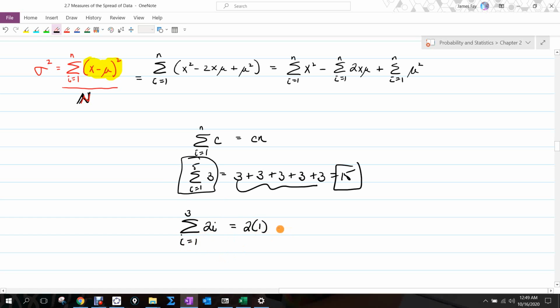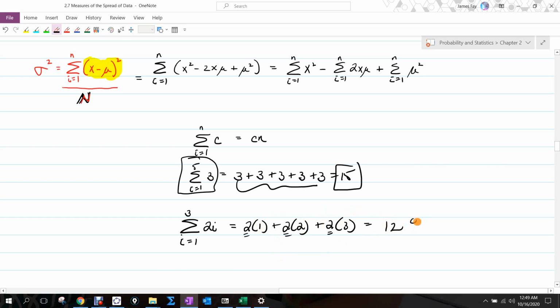If i is 2, I'm going to have 2 times 2. And if i is 3, I have 2 times 3. Well, what do these all have in common? They all have this 2 in common. So I can rewrite this as 2 plus 4 plus 6, so I can get 12.